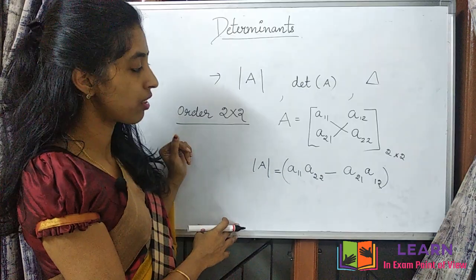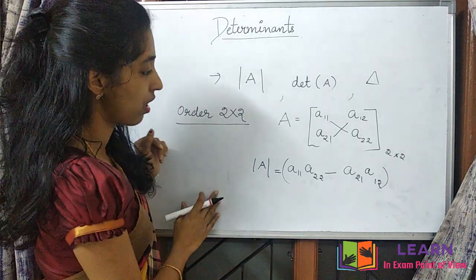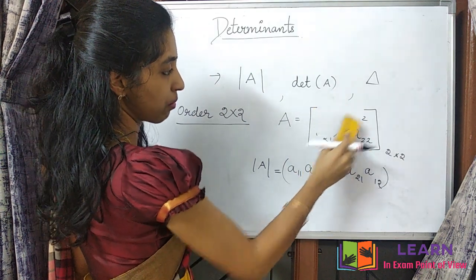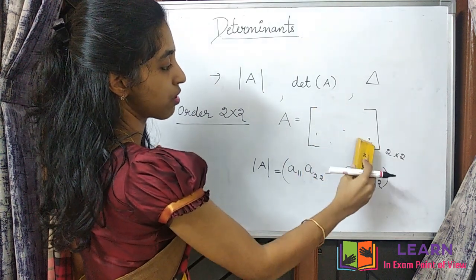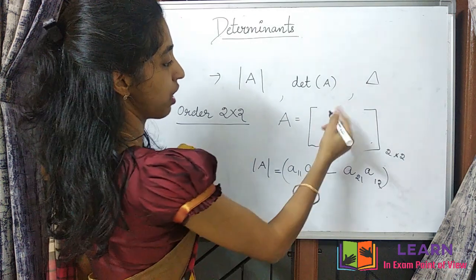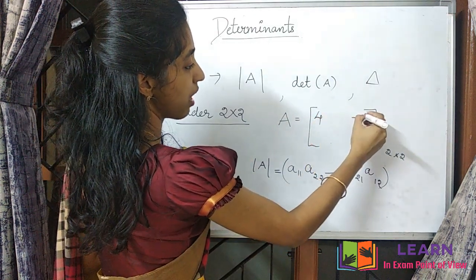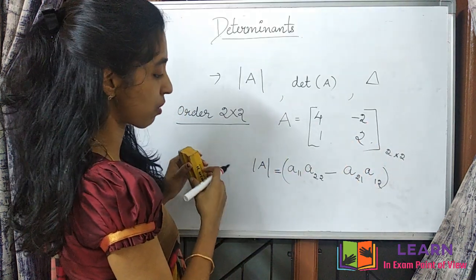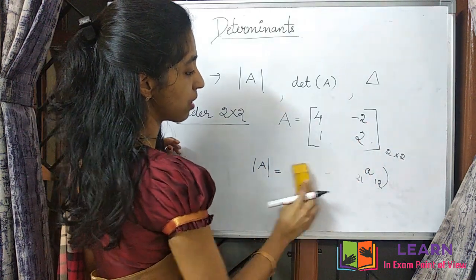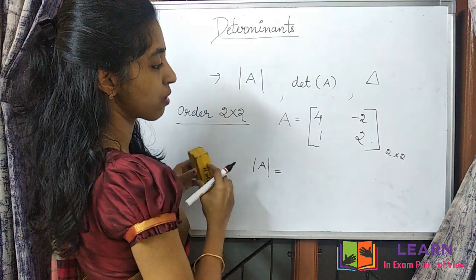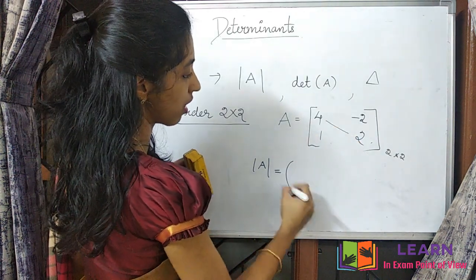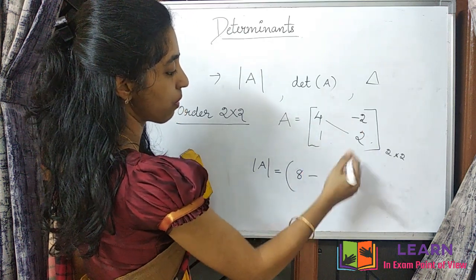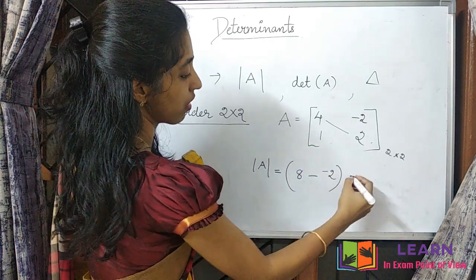Clear? We can show an example for this. We can take a 2 by 2 matrix with numbers, any 4 numbers, for example 4, -2, 1, 2. How will we find the determinant of A? We multiply these two elements: 4 into 2 is 8, minus 1 into -2, which is -2.